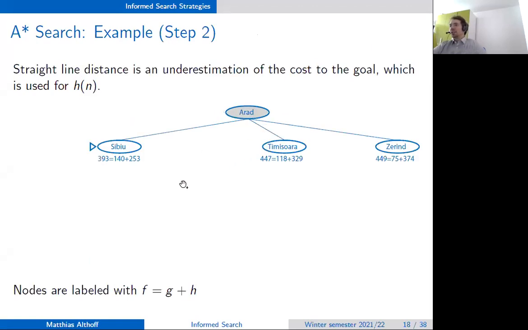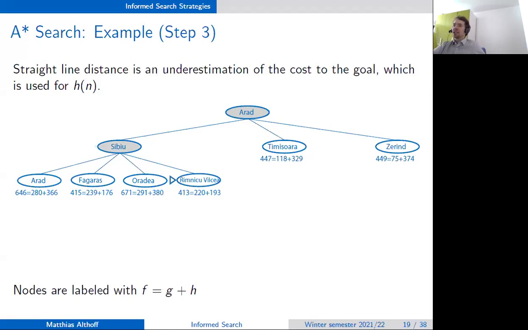So now we get new values, and you see that Sibiu has cost 393, or estimated costs, where 140 are the true costs from Arad, and then the 253 are the underestimated remaining costs to the goal. And you see that the value is the best for Sibiu, and for the other two cities, the value is higher. So what we will do next is we will expand Sibiu.